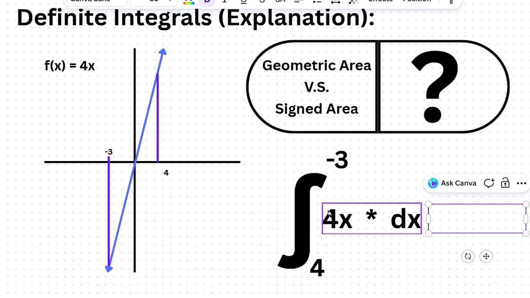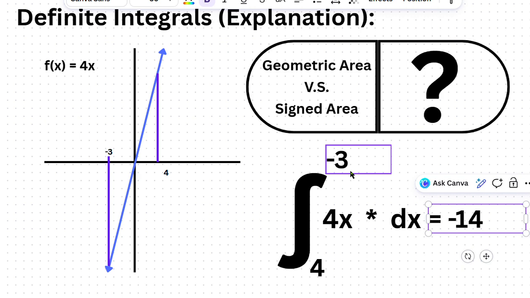But now that we flipped it, going from 4 to negative 3, it became negative 14. That's how it works: when you switch the number you're starting from and the number you're going to, the sign flips. So it's practically like multiplying it by negative 1.